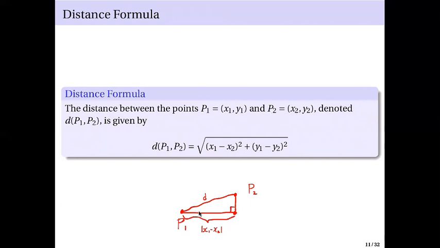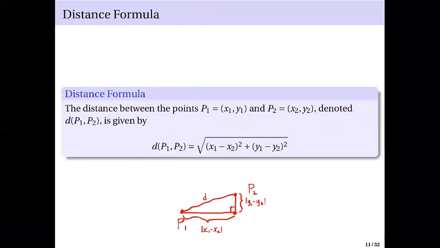And then this distance here is the absolute value of y1 minus y2. So this time, you look at the y coordinates of P1 and P2, and the distance of the y coordinates is just the absolute value of y1 minus y2.